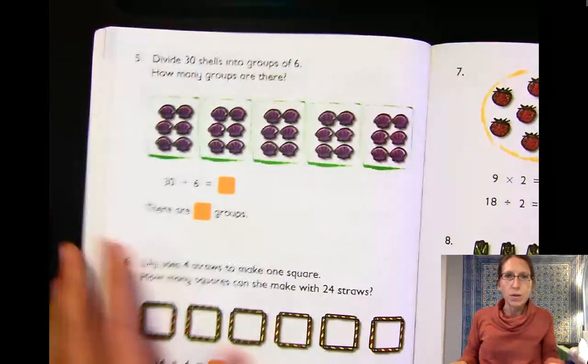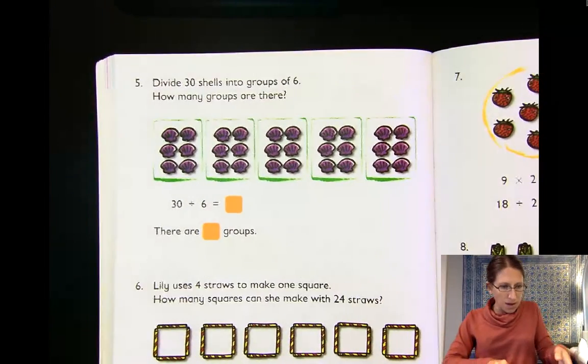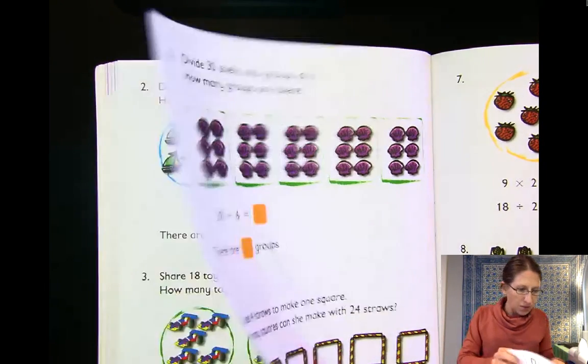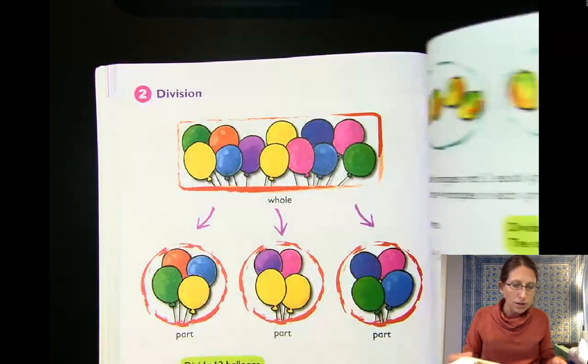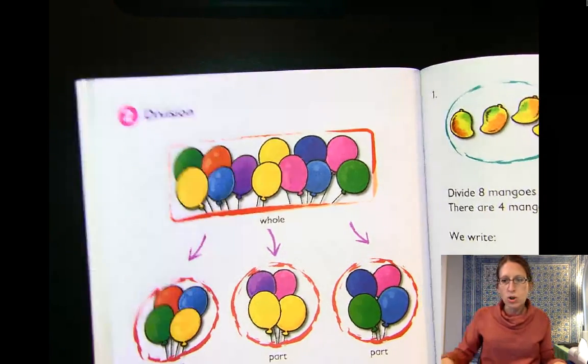All right. Today, like I mentioned, we're going to be working a little more with division. Yesterday in our math class meeting, we learned about division and how division is like equal sharing.